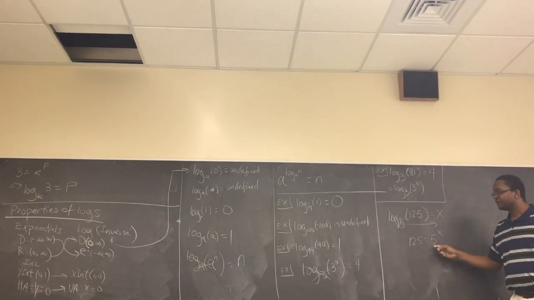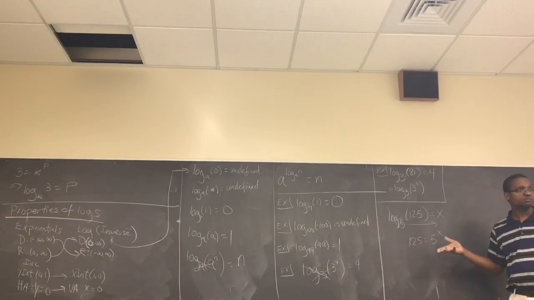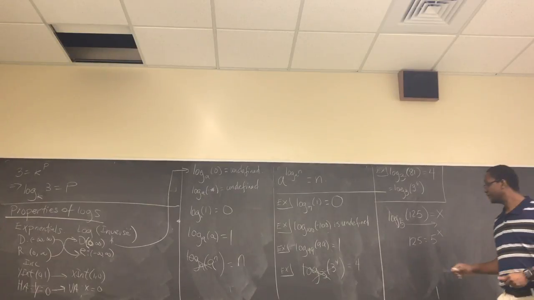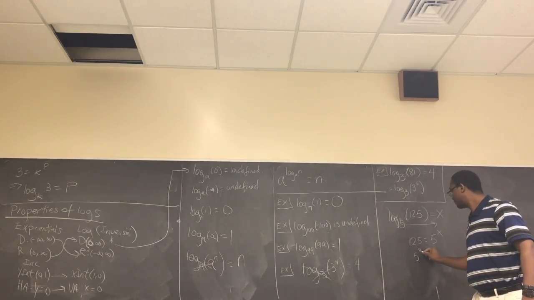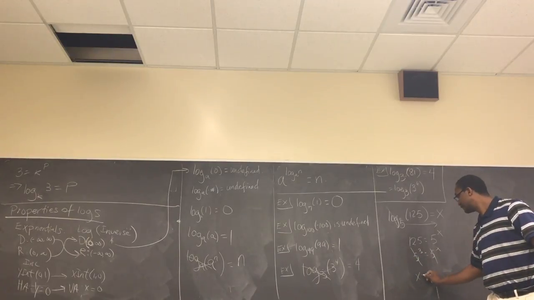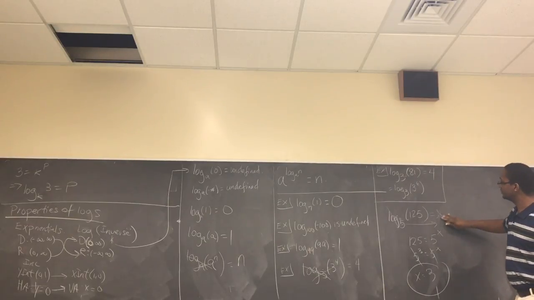Are 5 and 125 the same base? No. Can I cancel them out? No. But are they in the same base family? Yes. 5 to what power is 125? 3. So 5 cubed is equal to 5 to the x power. That tells me x is 3. So therefore this whole thing is equal to 3.